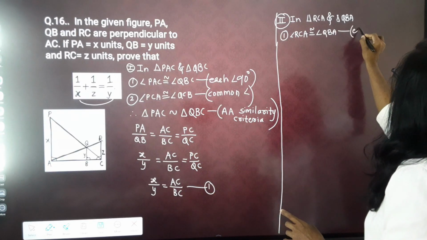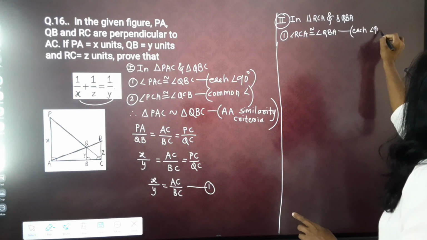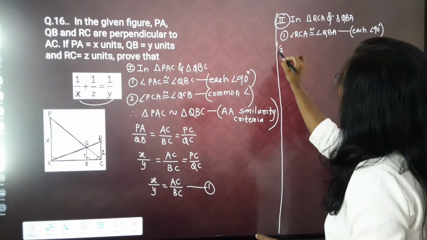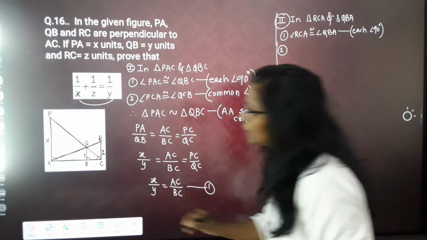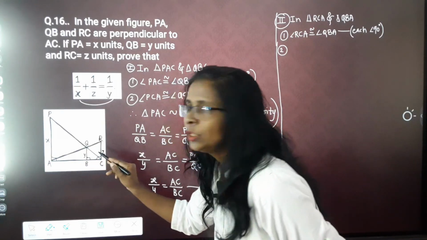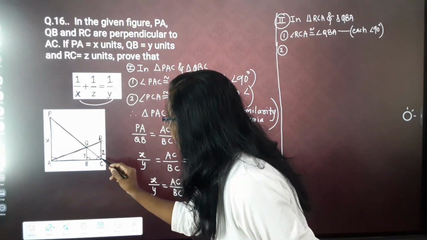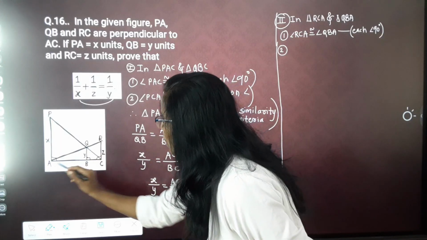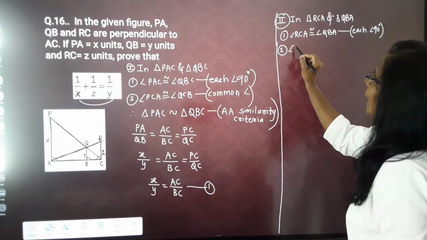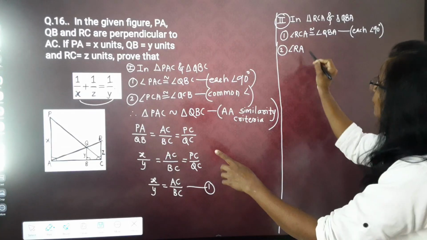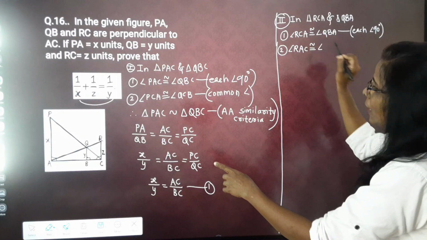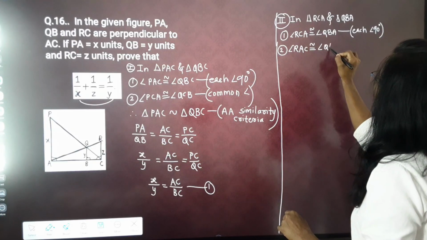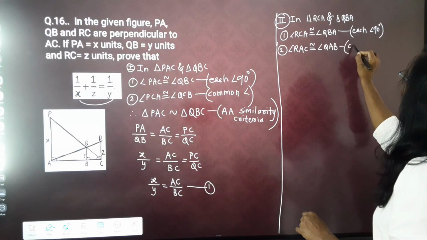Reason is each angle is 90 degrees. Then the second component, that is A is common in both the triangles. Angle RAC is congruent to angle QAB. So I write here common angle.